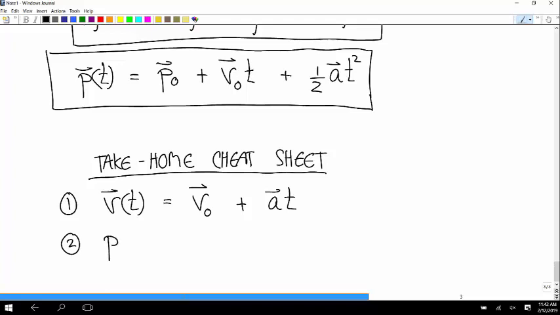Second, we have that the position vector as a function of time is equal to the initial position vector plus the initial velocity vector times time plus 1/2 times the acceleration vector times time squared.